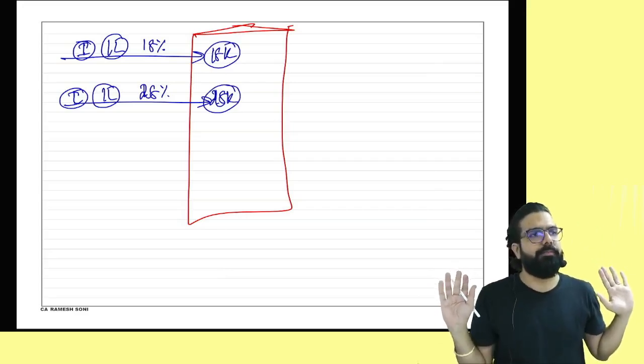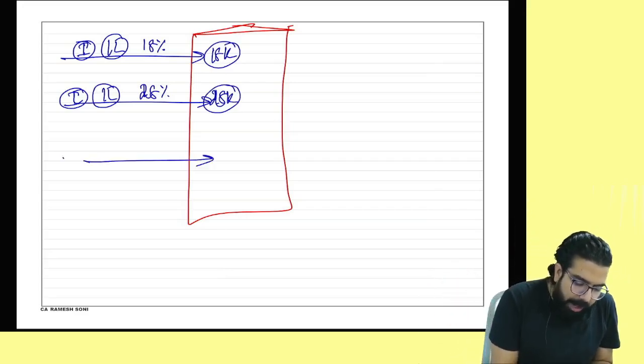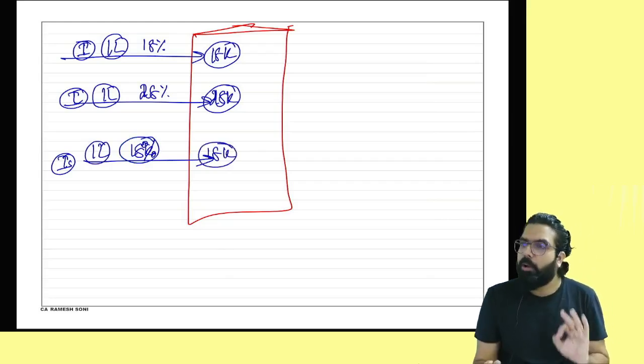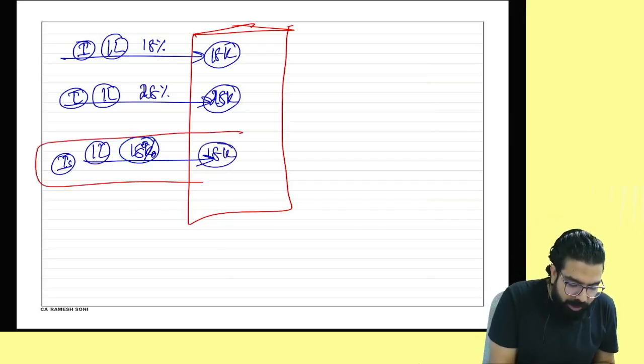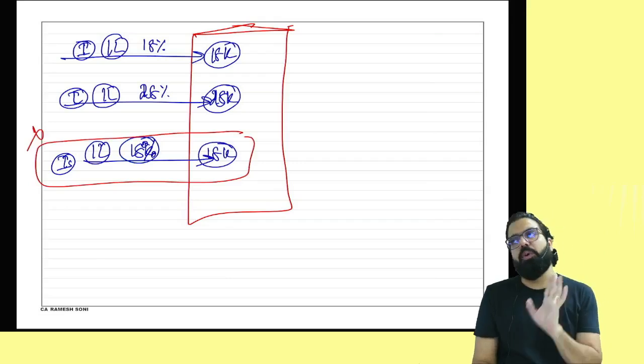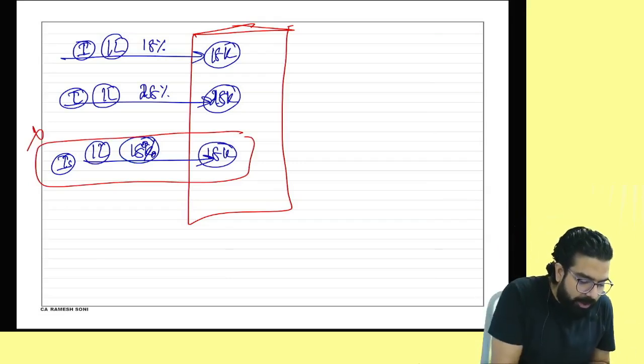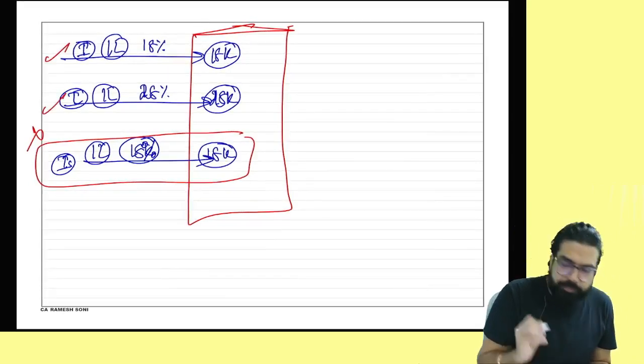Any doubt till here? I bought some input services also, 1 lakh rupees, and I paid 18,000 GST, which is 18%. Always remember one thing: input services are never considered for inverted duty structure. Okay everyone? So first you have to see your inputs.